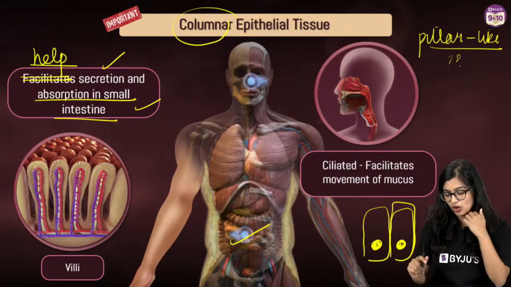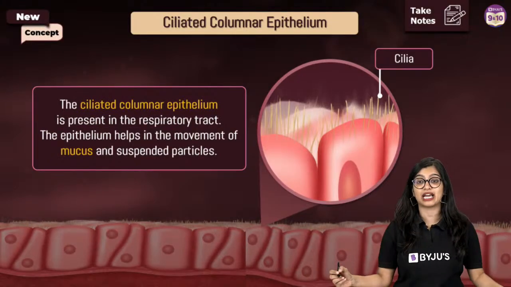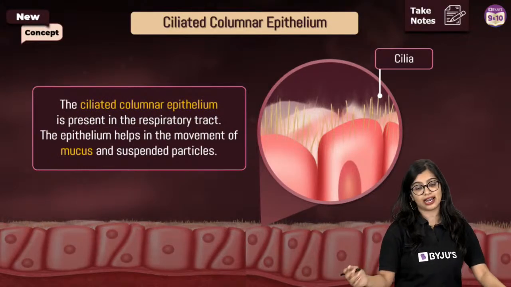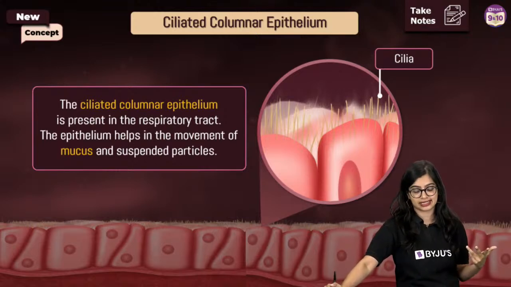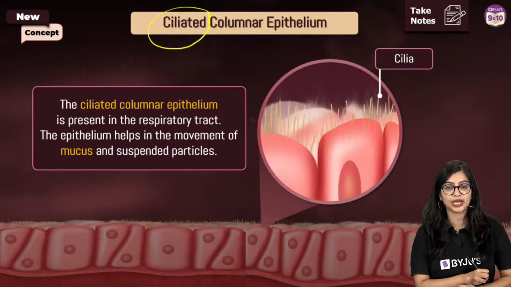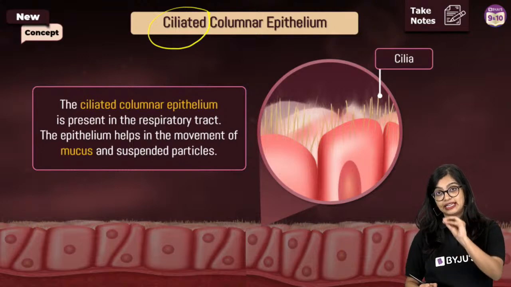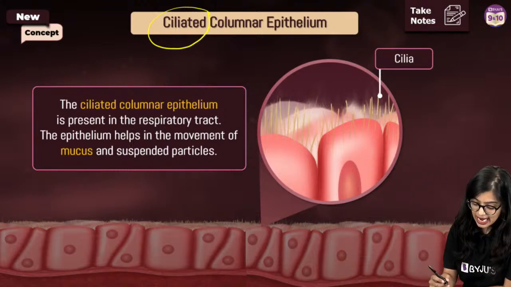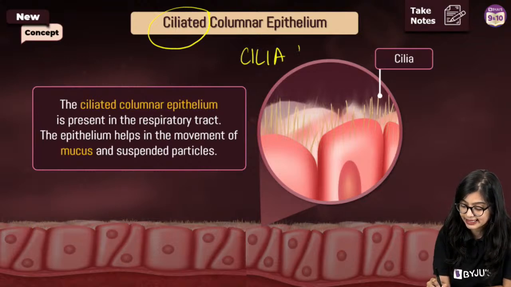Now, along with this, in the case of columnar epithelium, there are certain specialized types of columnar cells, and we call these ciliated columnar. When you talk about ciliated columnar epithelial cells, it means that they have a certain structure called cilia.